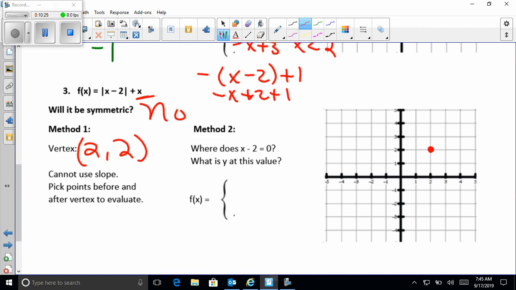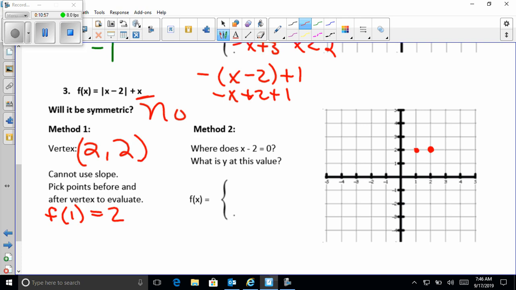Now I can't use the slope here because it's not symmetric. It's not going to be the same on both sides. So I need to just plug in points. I'll plug in some points before this vertex. So f of 1. What would f of 1 be? Well, you plug that in, and you would get 1 plus 1, which is 2. So f of 1 is 2.